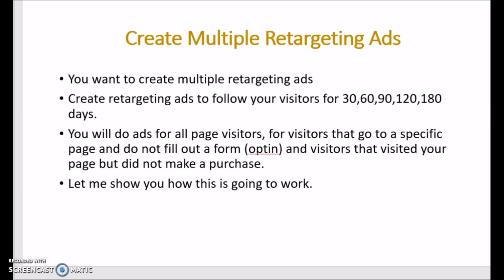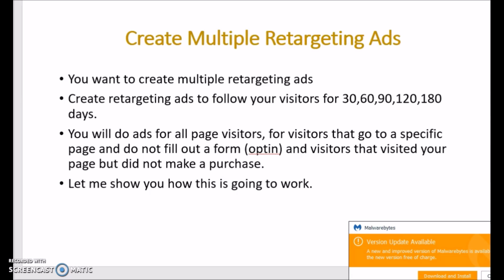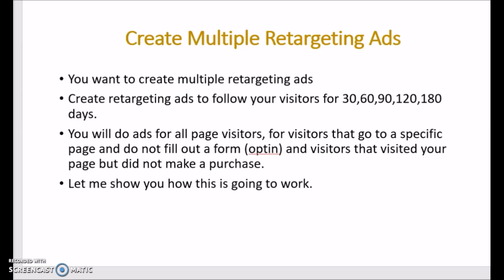When you're doing this, we're also going to create some different ads for when you have just general visitors to your page. Then we're going to create a different ad for when you have visitors that go to a specific web page and do not fill out a form, an opt-in form. And then we're going to create another retargeting ad for visitors that have visited your page but did not make a purchase.